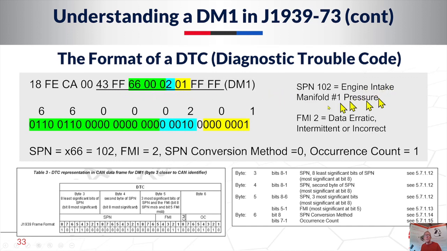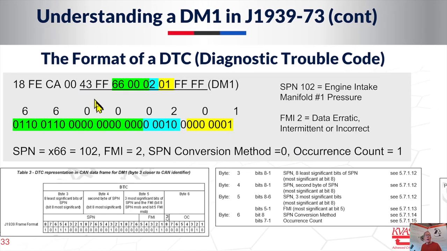It's telling us the engine intake manifold number 1 pressure has data erratic, intermittent, or incorrect, and this has occurred 1 time. That's all outlined here in J1939-73, a couple of cutouts that show what a diagnostic trouble code is, one example within a DM1.